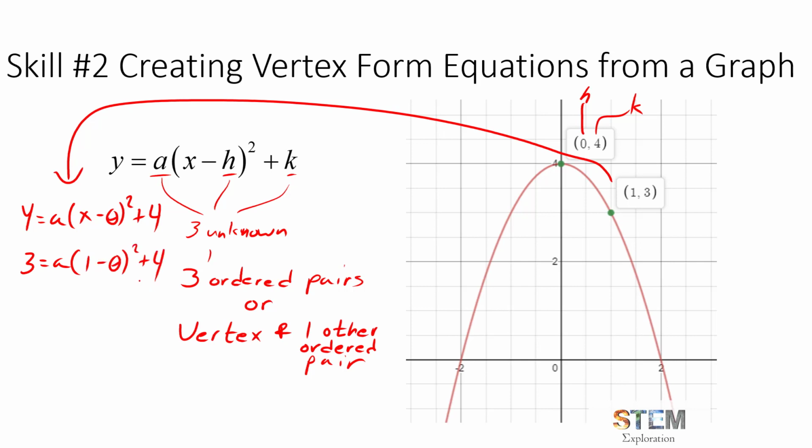And I can find pretty quickly, with a little bit of math and rearrangement, that negative 1 is equal to 1 squared times a, so a is equal to negative 1. And just from a couple very brief pieces of information and the vertex, I can find that the vertex form of this equation is simply y is equal to negative 1 times (x minus 0) squared plus 4.